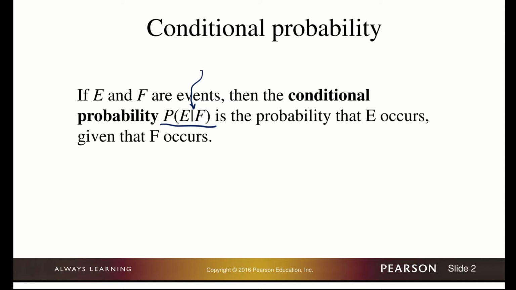In this notation, we read it as "given that F." So in other words, what's the probability of event E if we assume that event F has occurred? I think a better way of thinking about it is to assume that F has occurred, so then we want to see what the probability of E is going to be. We're going to look at a couple of examples that will make this very clear.